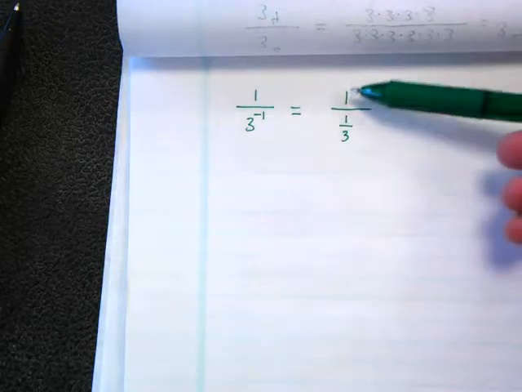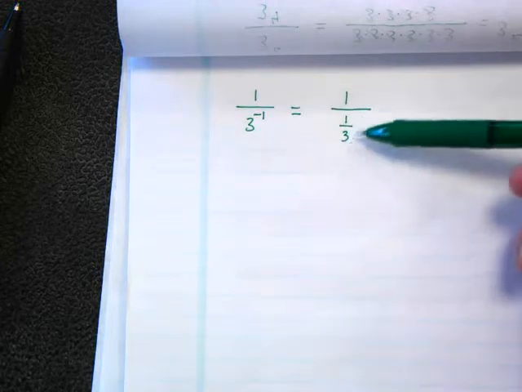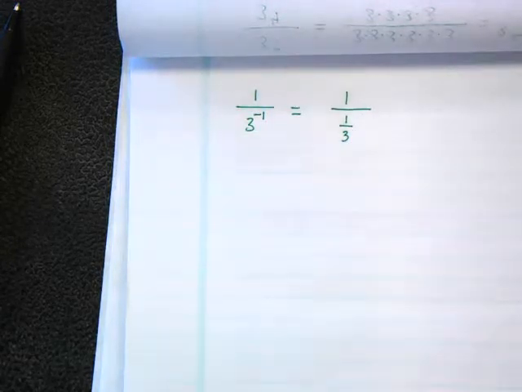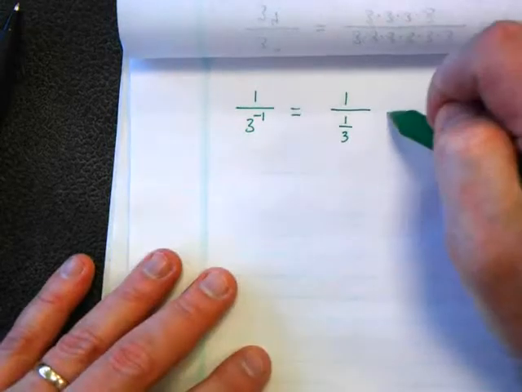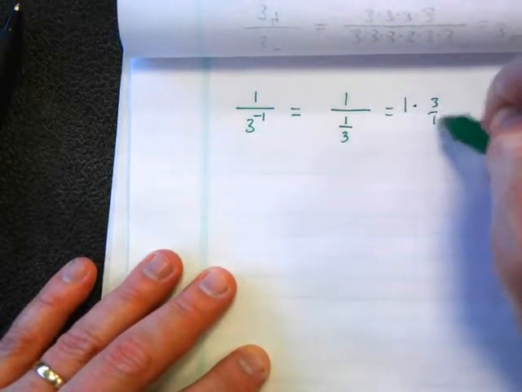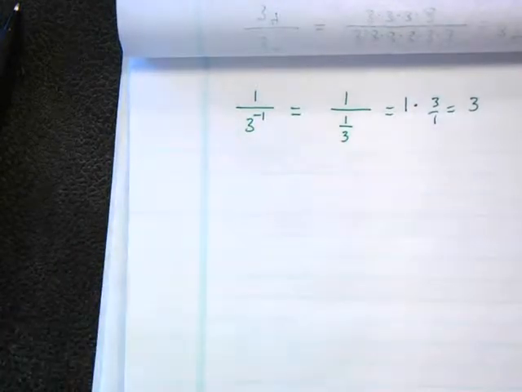How do I take the number 1 and divide it by a fraction like 1/3? How do you divide by a fraction? Flip and multiply. So this is 1 times 3 over 1, which is 3. All right, so that's rule number, I forgot what number we were on here.